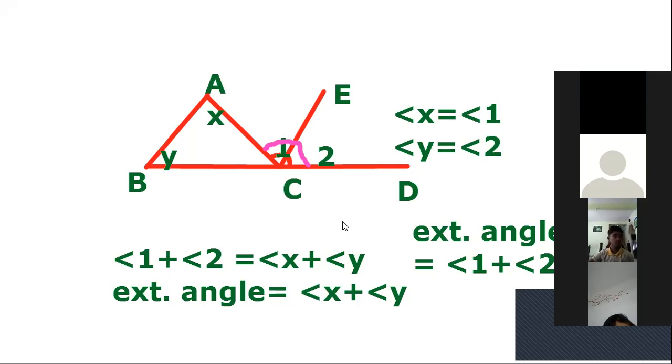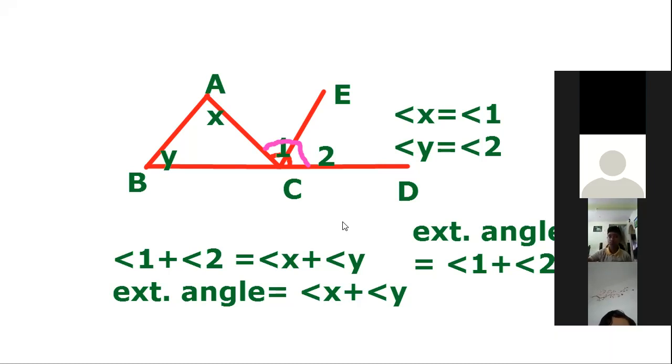And also, we can see that angle 1 plus 2, in your figure, is replaced by angle x plus y. That is, angle x plus y equals the measure of angle ACD from figure 6.9. All of you look at your textbook, page number 117, figure 6.9. Angle x plus angle y is equal to the measure of angle ACD.